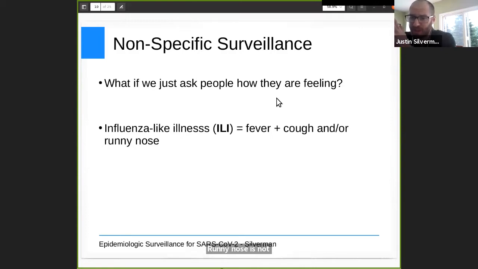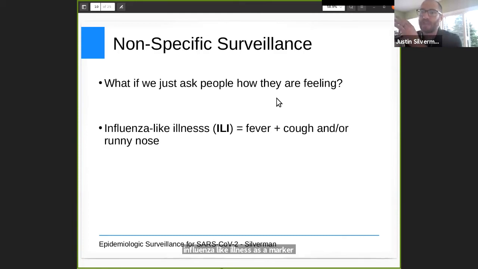But still, fever and cough, there's a pretty good overlap with how COVID initially presents. And so it wasn't just our idea, but at the time, a number of people thought that you might be able to use influenza-like illness as a marker for tracking COVID.